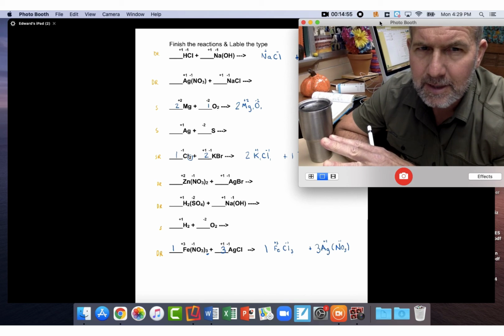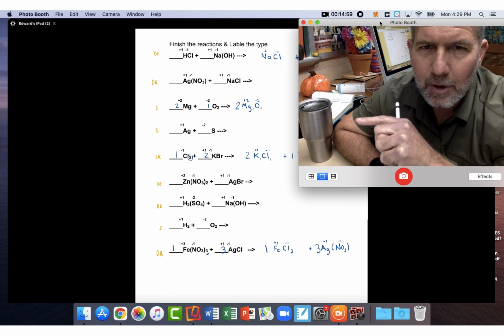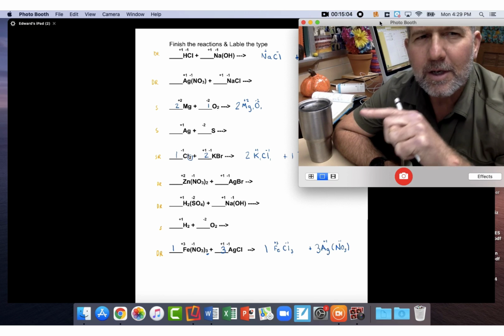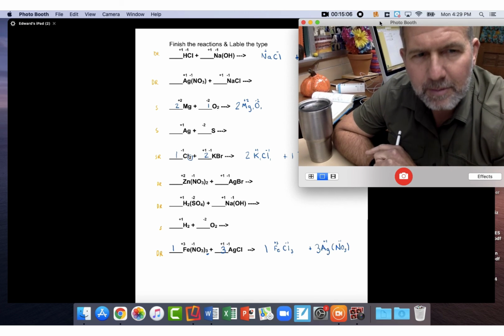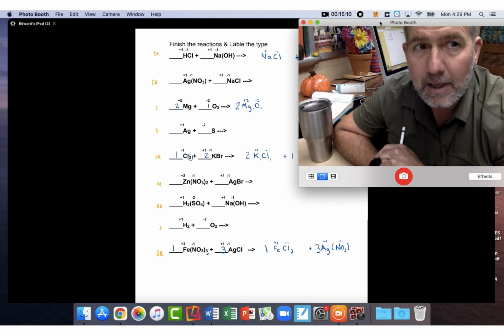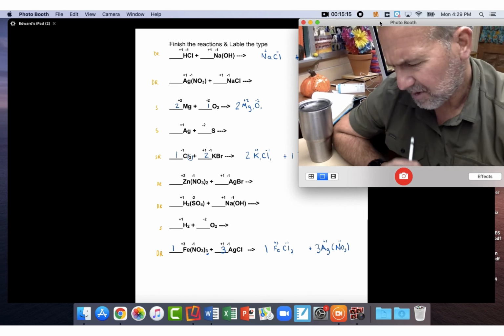Stop the balancing. Erase all the large numbers you have in front and go back, check the charges, and figure out what those subscripts are supposed to be, because I can guarantee you have a subscript that's wrong. And then after you fix that, it should balance pretty easily, especially these.